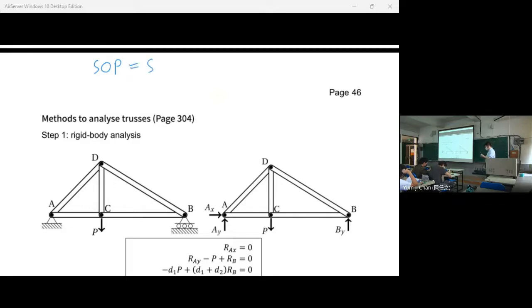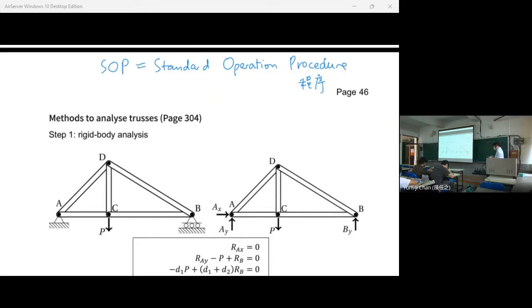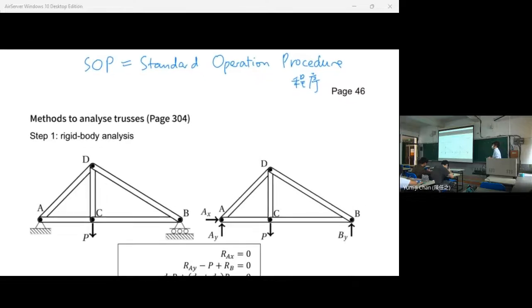S is for standard, O is operation, P is for procedure. We have a standard way of working on problems with trusses. Okay, standard operation procedure.